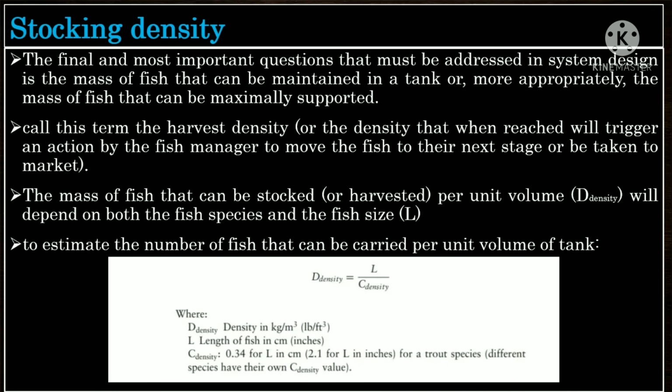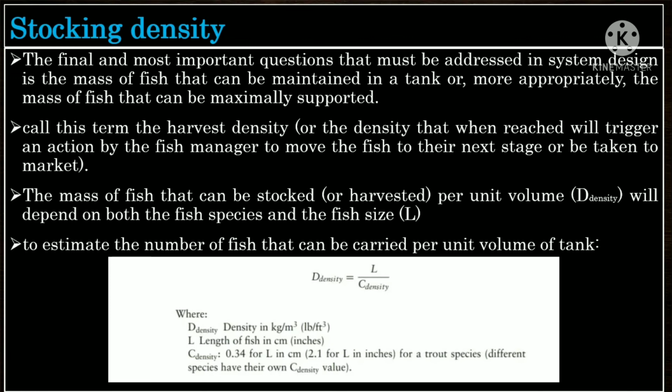So next is the stocking density, the mass of fish that can be maintained in the tank, or more appropriately, the mass of the fish that can be maximally supported. We should probably call this term the harvest density, or the density that when reached will trigger an action by the fish manager to move the fish to their next stage or to be taken to market.